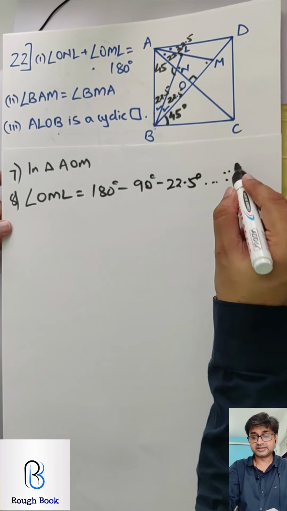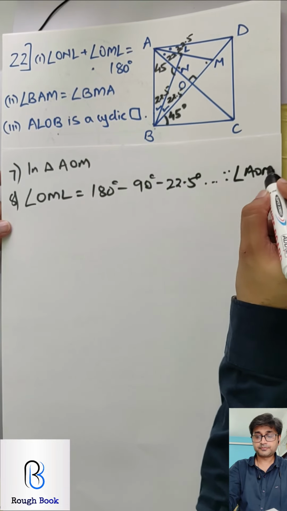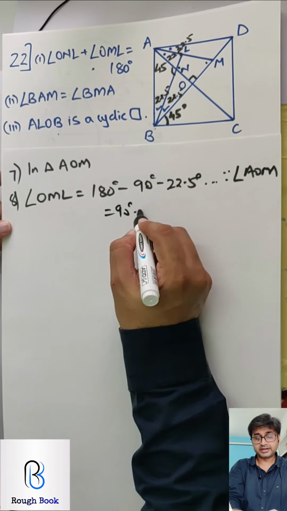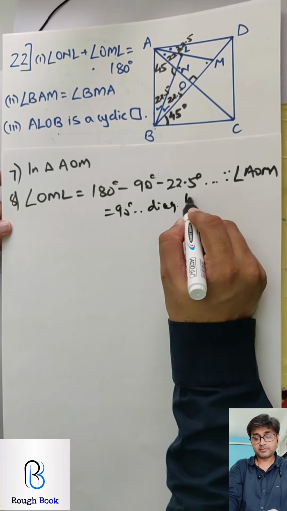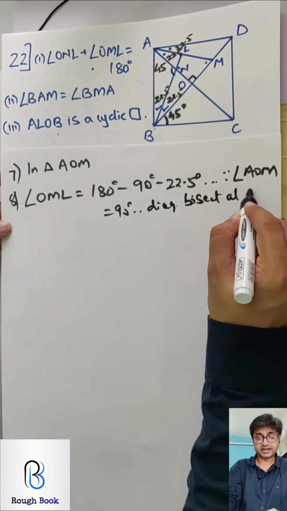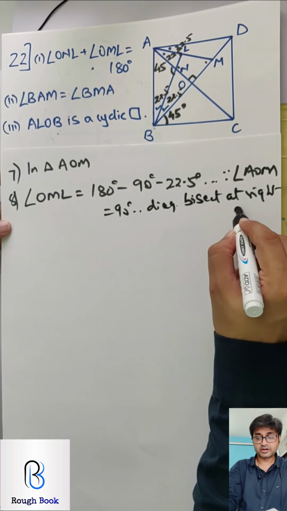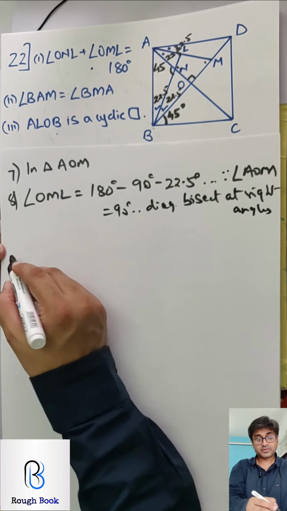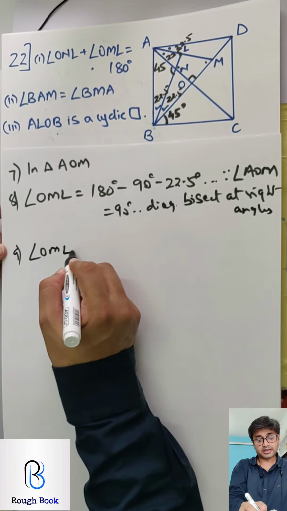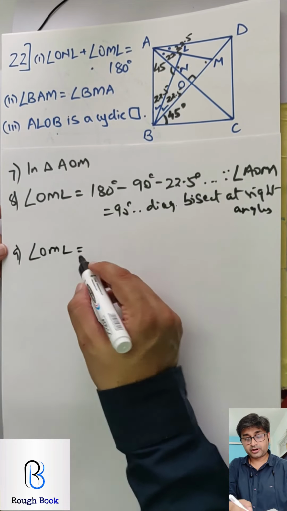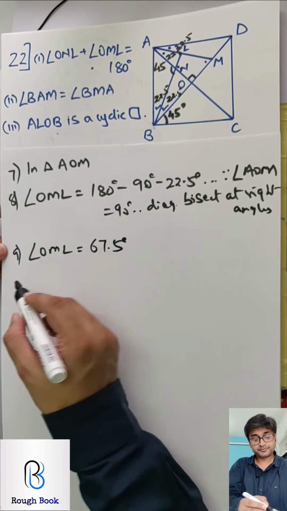And you can write reason: since angle AOM is equal to 90, diagonals bisect at right angle. So we mention all the reasons. Finally, we'll get OML: 90, 22.5, 67.5.